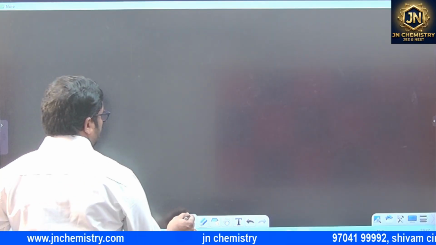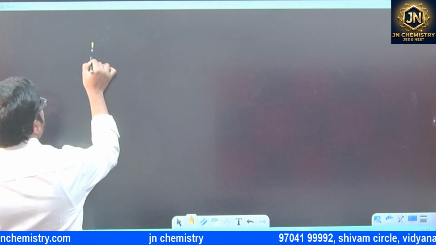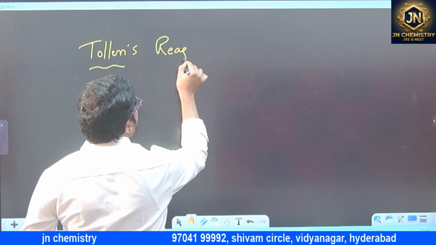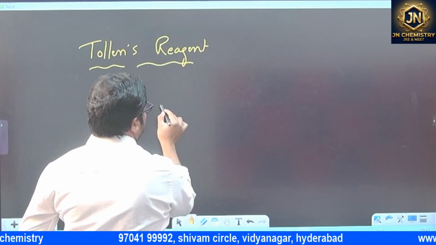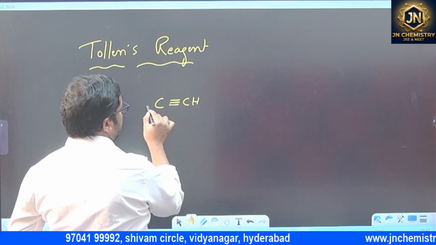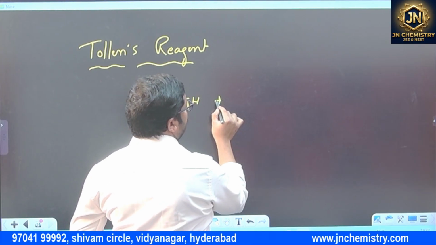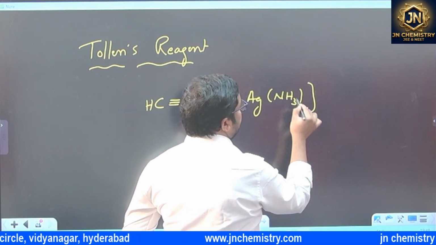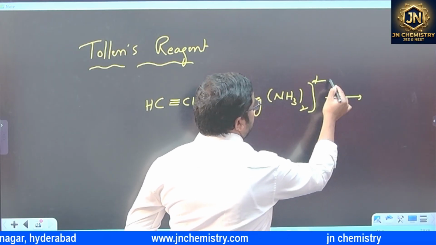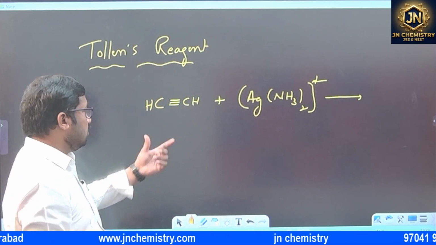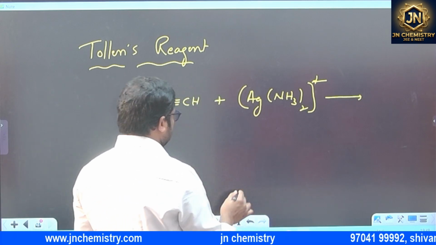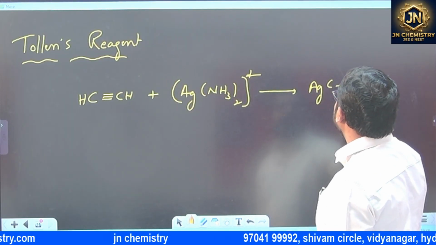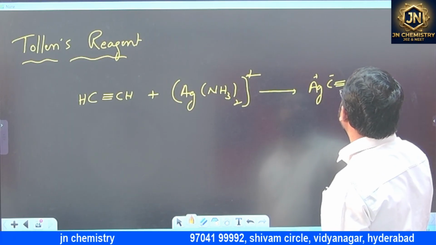Okay. Reaction with Tollens reagent. So what is that Tollens reagent? Ammoniacal silver, Ag(NH3)2 plus. Nana, in this case two acidic hydrogens are there. So at two places, what exactly happens? Ag plus, Cl minus like this, triple bond C minus Ag.